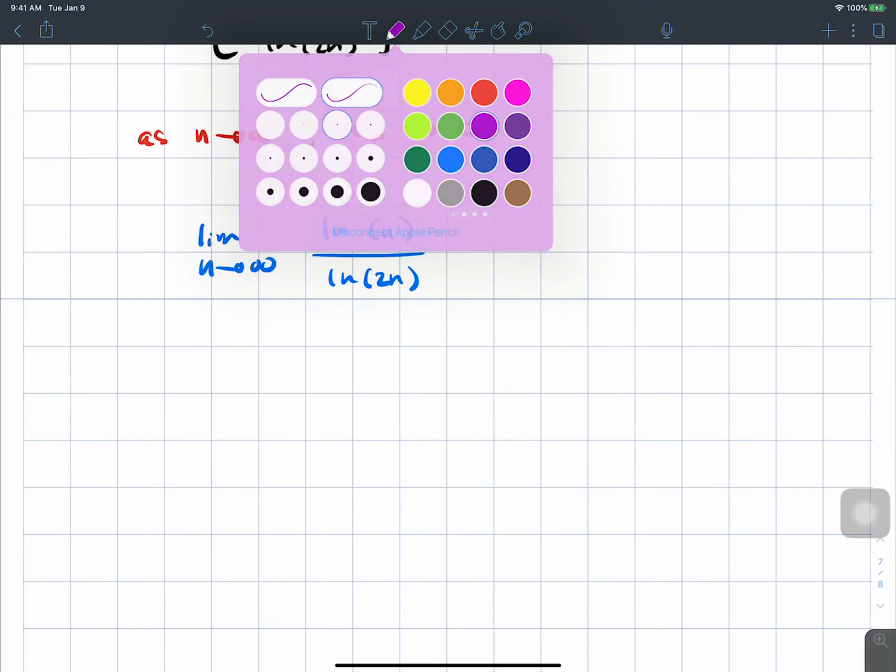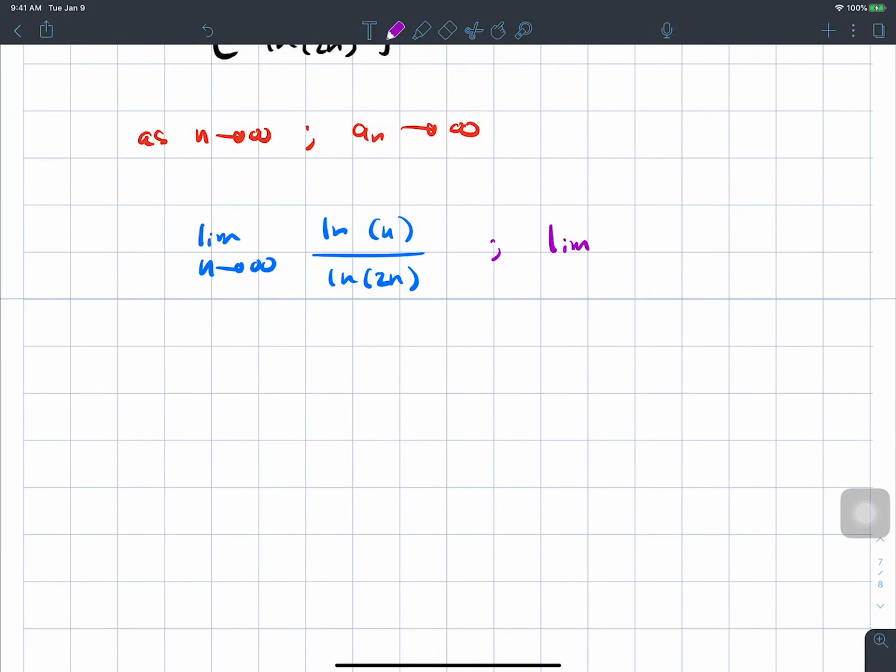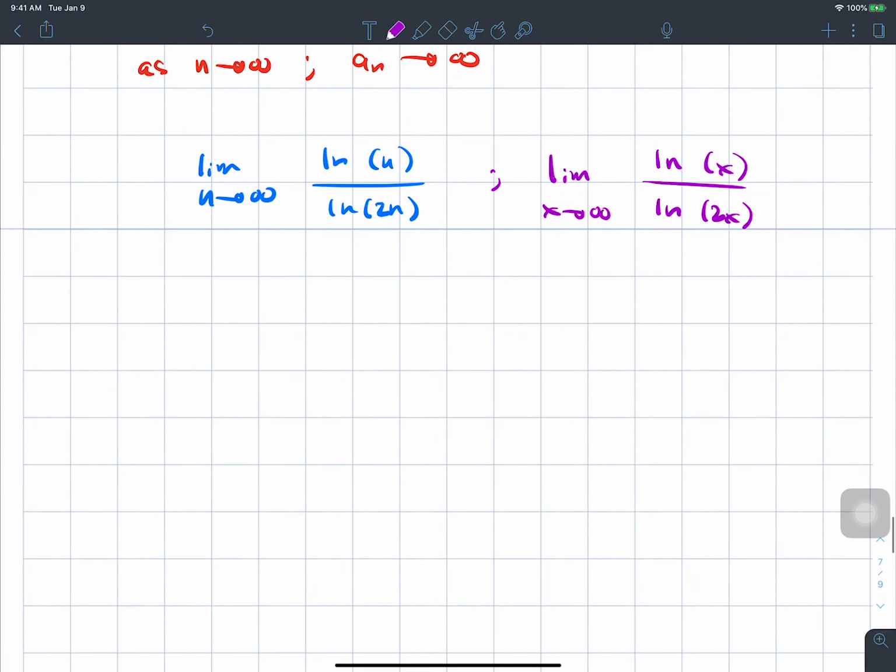And so I want you to remember from calculus, real variable x, natural log x over natural log 2x. A couple of things happened here. Something to observe: when you take these limits, you're going to notice that you get infinity over infinity. The tip-off for me here was the numerator gets big, natural log gets big, and so does natural log of double the value.